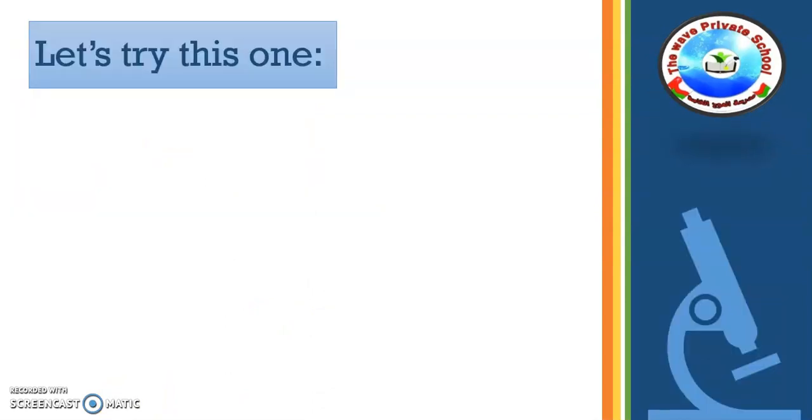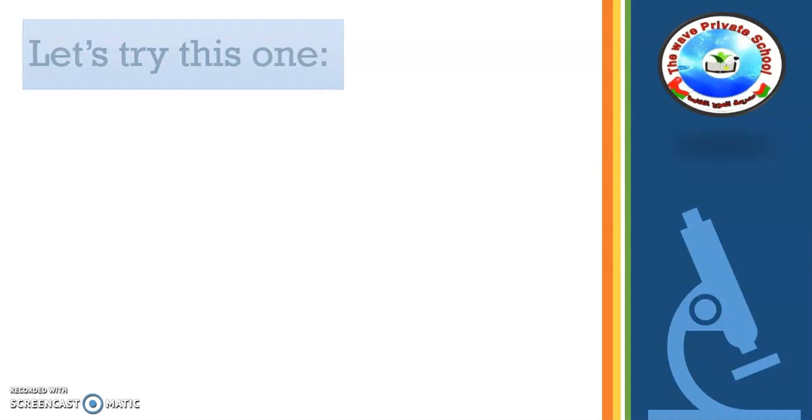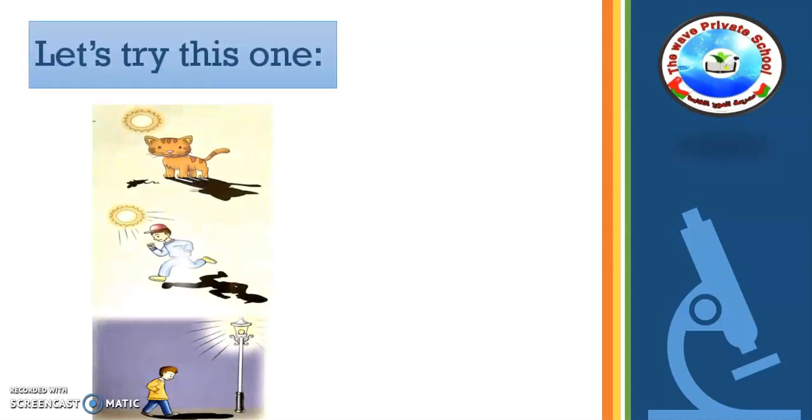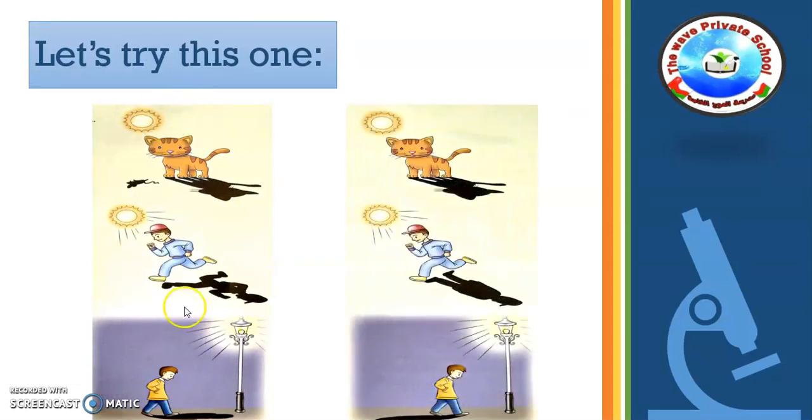So now I want you to go over these pictures here and tell me which picture formed the correct shadow. This is A and this is B. So look at the cats in here. So which cat formed the correct shadow? Exactly, this one, because there's no object from this. How about this next one?